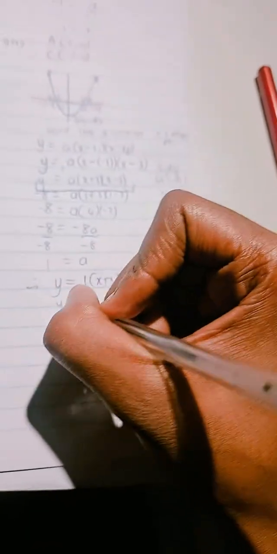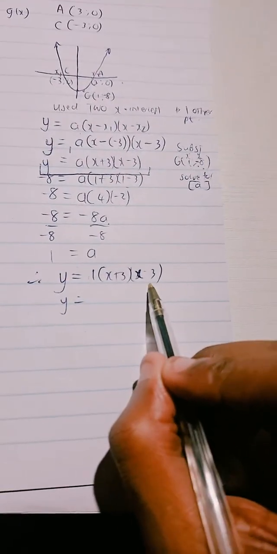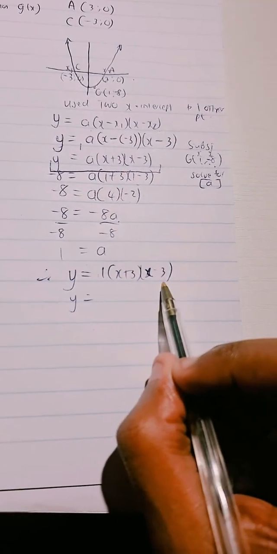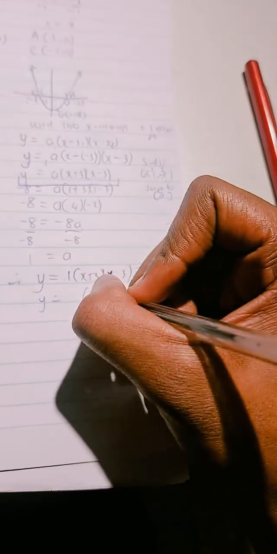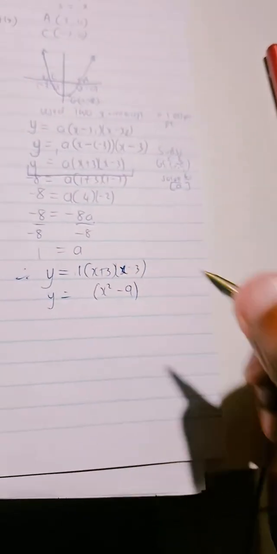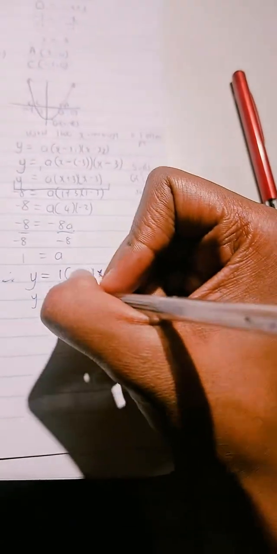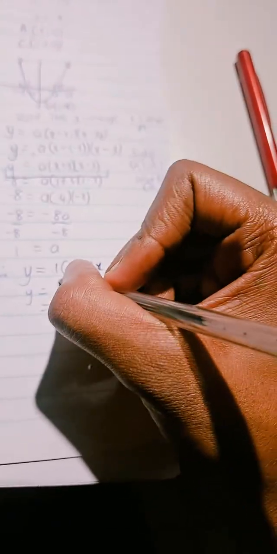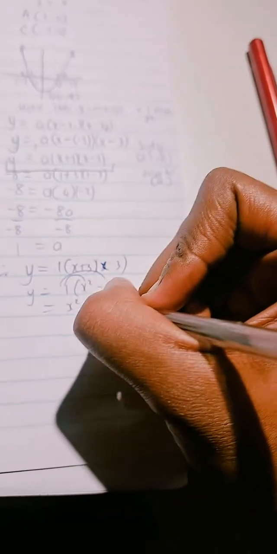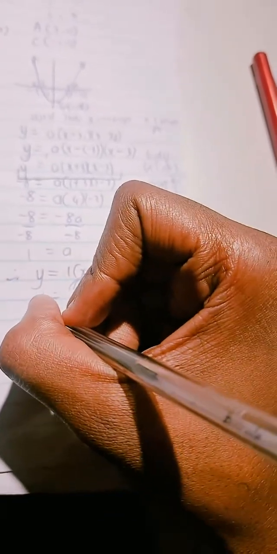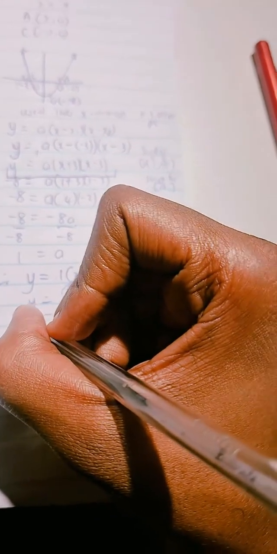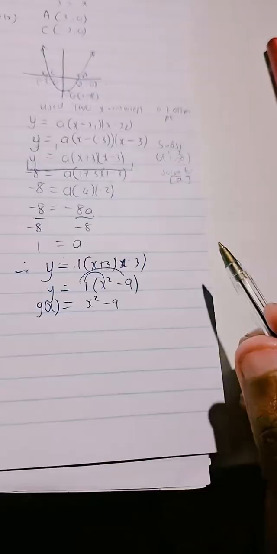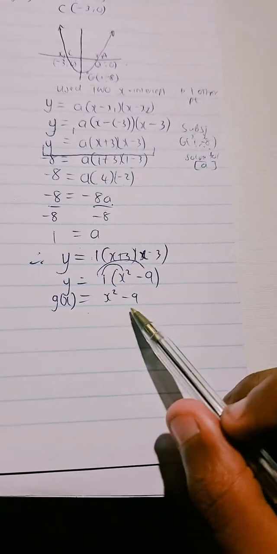So y is equal to x plus 3 into x minus 3, which is the reverse of a difference of 2 squares. So I know this is going to lead to x squared minus 9. The 1 outside, you distribute. You get x squared minus 9. This is the function of g of x. They said ax squared plus b.